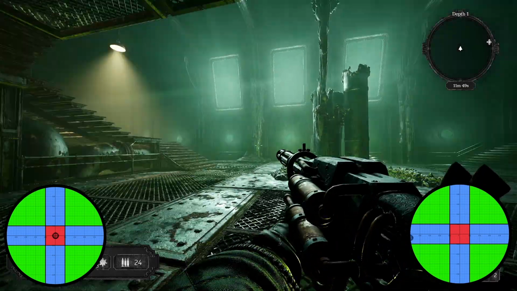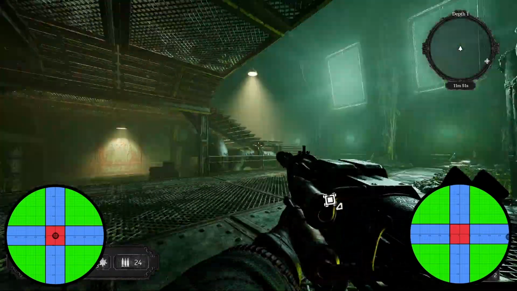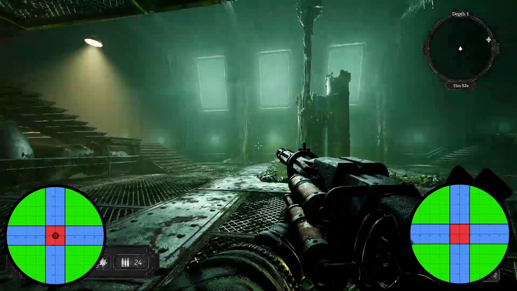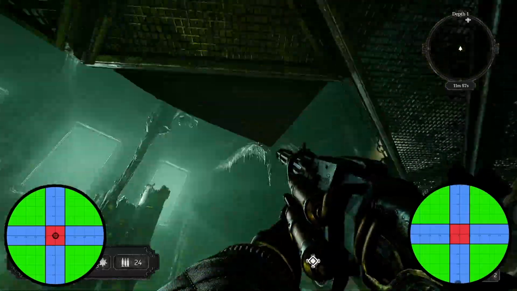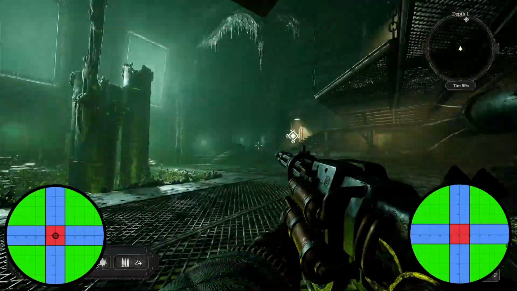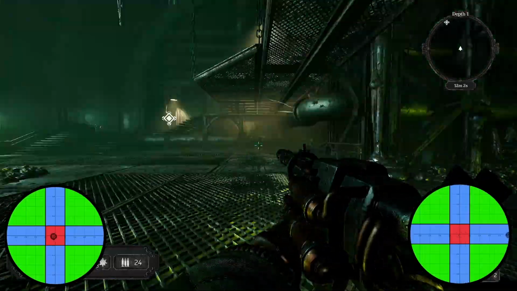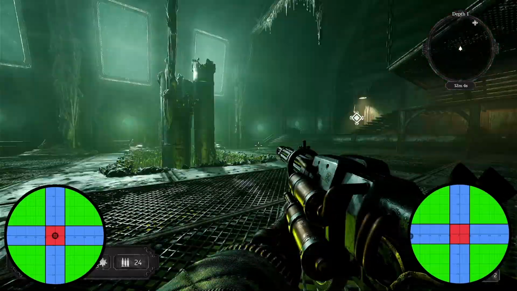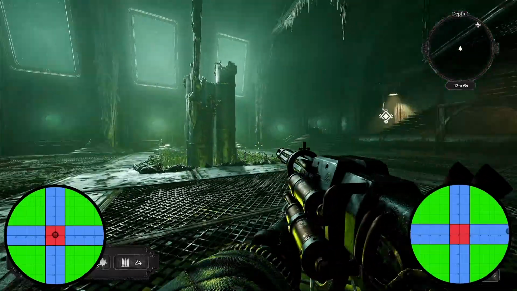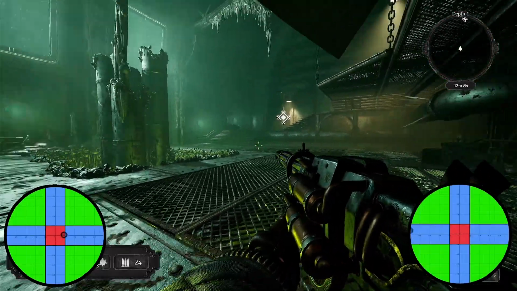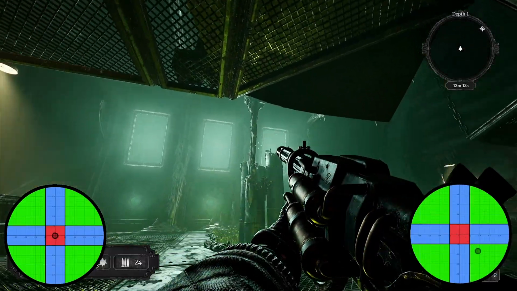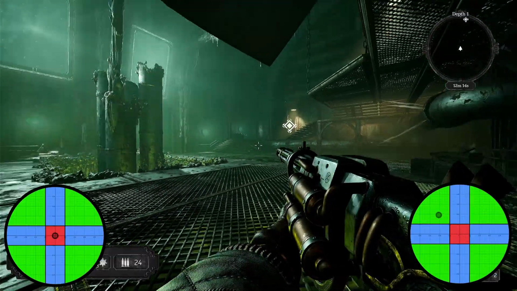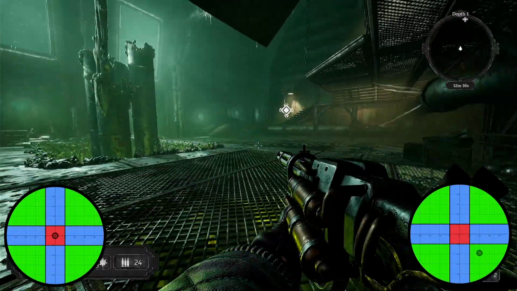So if we do this, you can see that this is 40 horizontal and this is 40 vertical. So about the same sensitivity. And this isn't a particularly fast sensitivity, so you are limiting yourself if you want the sensitivities to be even. If I move at 45 degrees though, you can see that that is much better conveyed.